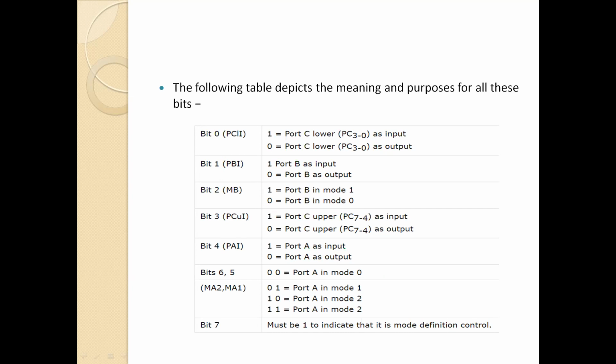Here, whenever bit 0 is 1, it indicates that port C lower bits PC3 to PC0 are input. Whenever bit 0 is reset, it indicates that port C lower bits are performing the output function.